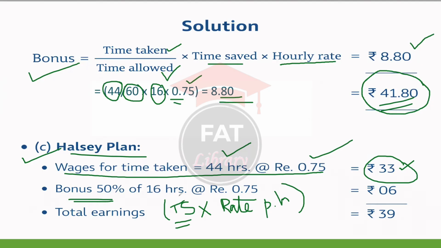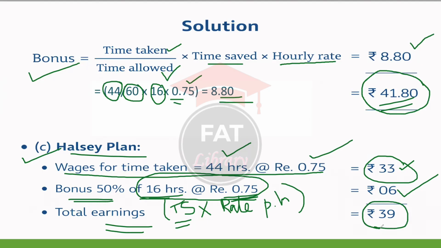Time saved is 16 hours at the rate of 75 paise. So 16 into 75 paise, you will get 12 rupees. The bonus will be given 50% of that. That means 12 rupees into 50%, you will get 6 rupees. Is this clear? So the total earnings as per Halsey plan for this worker will be 39 rupees.